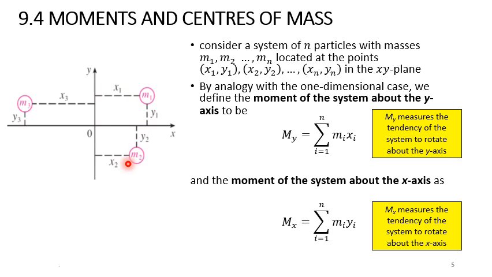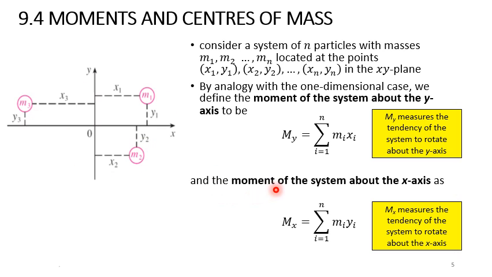The distance of m2 from the y-axis is given by x2, and so on. M3, the distance from the y-axis is this long, x3. So the moment about the y-axis is equal to the product of each mass times the distance, i.e. the x-coordinate. So My measures the tendency of the system to rotate about the y-axis.